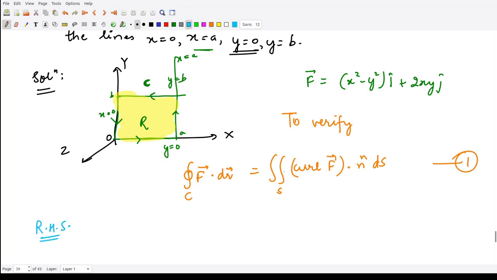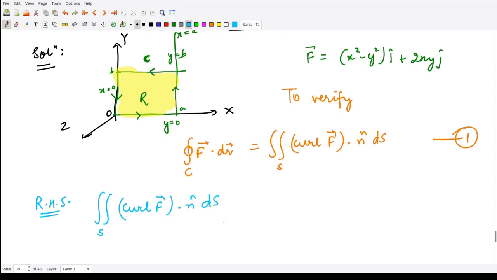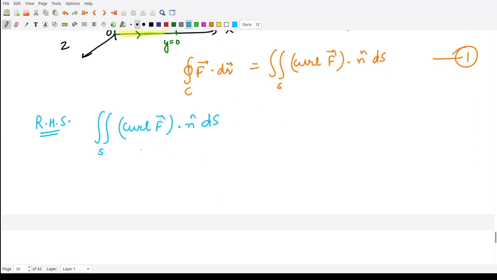If we want to solve this, that means we are to solve this surface integral of curl of f vector dot n vector ds, right? So for that, what do we require? We first of all require curl of vector f. We are given vector f as x square minus y square i cap plus 2xy j cap, right? So curl of f would be obtained when you calculate this determinant.